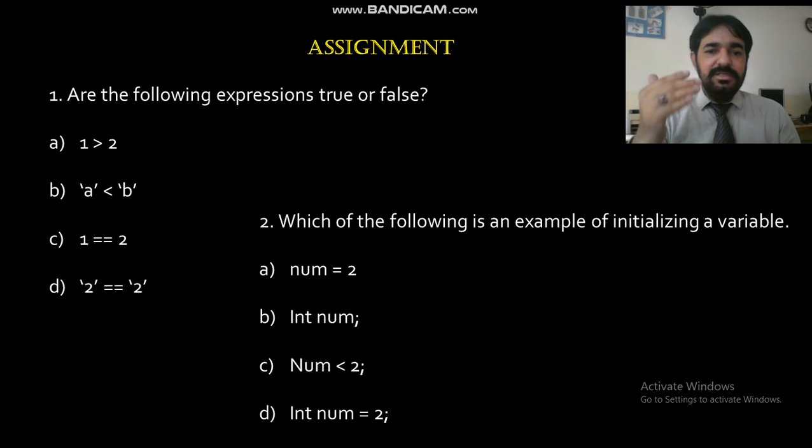We use the same methodology, same rules and same expressions, but you have to recall and remember how we will now use them in our C language program. If you have questions you may ask, and you have to submit this assignment on the given time. Thank you so much.